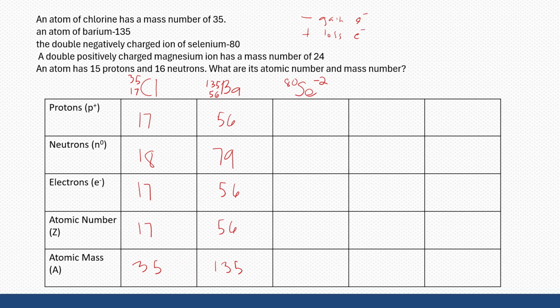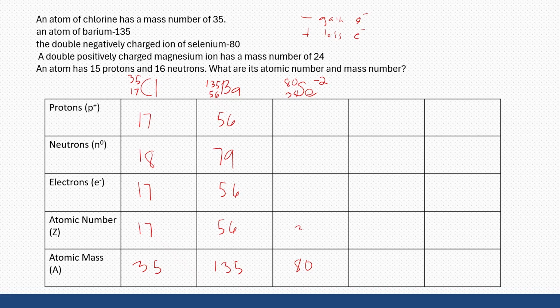Now, what's the atomic number for selenium? Again, we will look at our periodic table. Selenium has an atomic number of 34. We can write down 80.